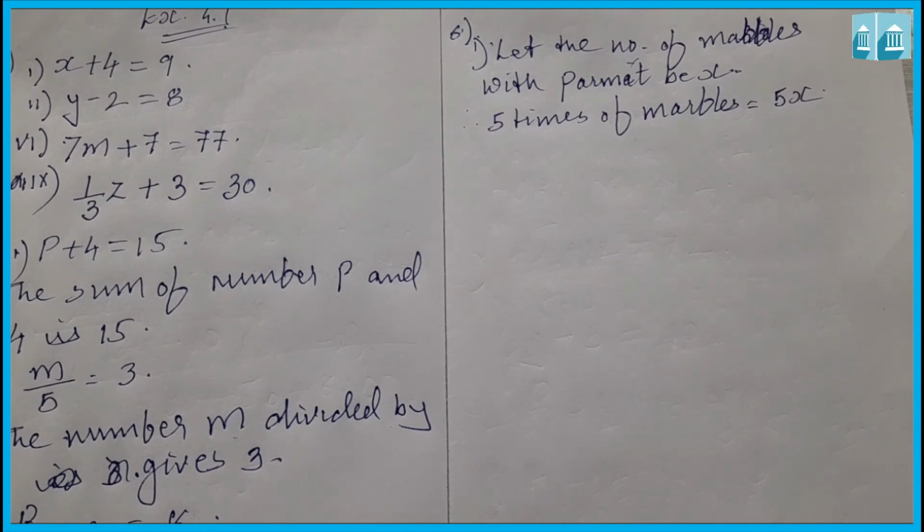Now according to the question, Irfan says that he has 7 marbles more than 5 times the marbles Parmeet has, and Irfan has 37 marbles, and we have to frame the equation.